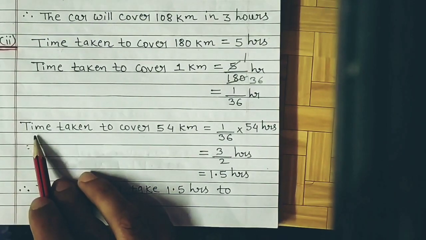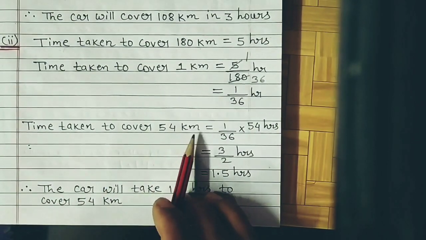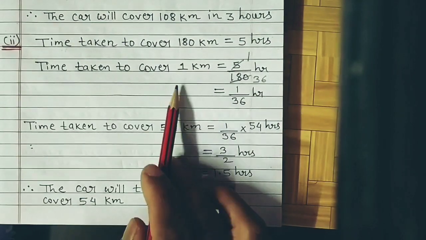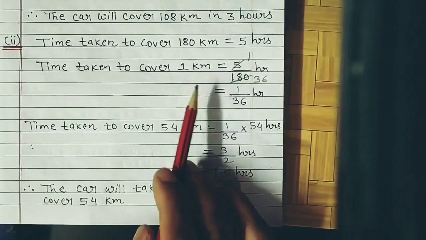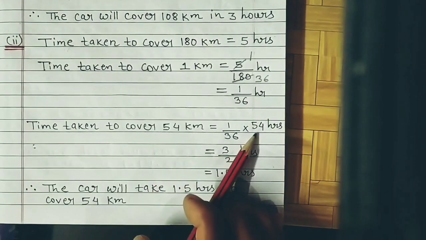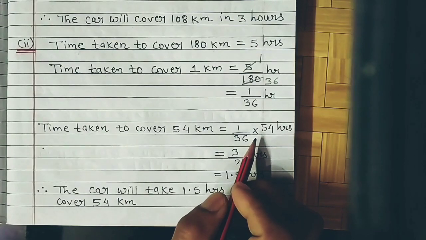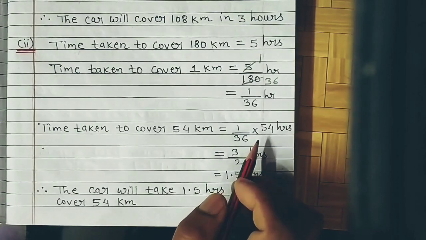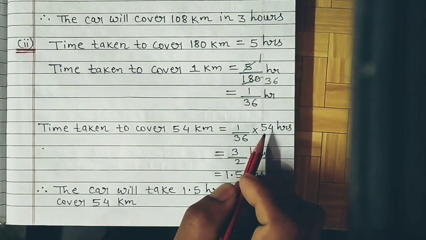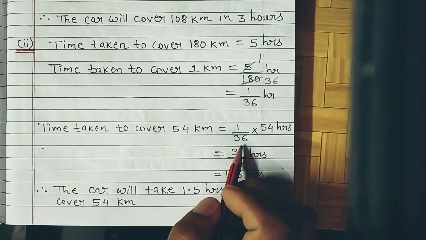Now I have written time taken to cover 54 kilometer equal to 1 by 36, the value of the one quantity, into this 54. Clear? And now again we are going to divide with the common number. So here the common number 18 will divide 54 as well as 36.